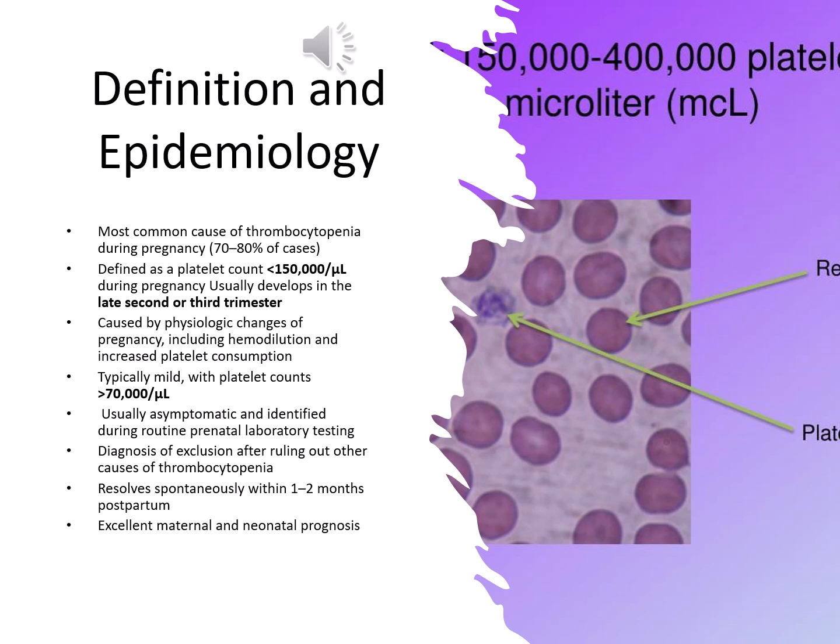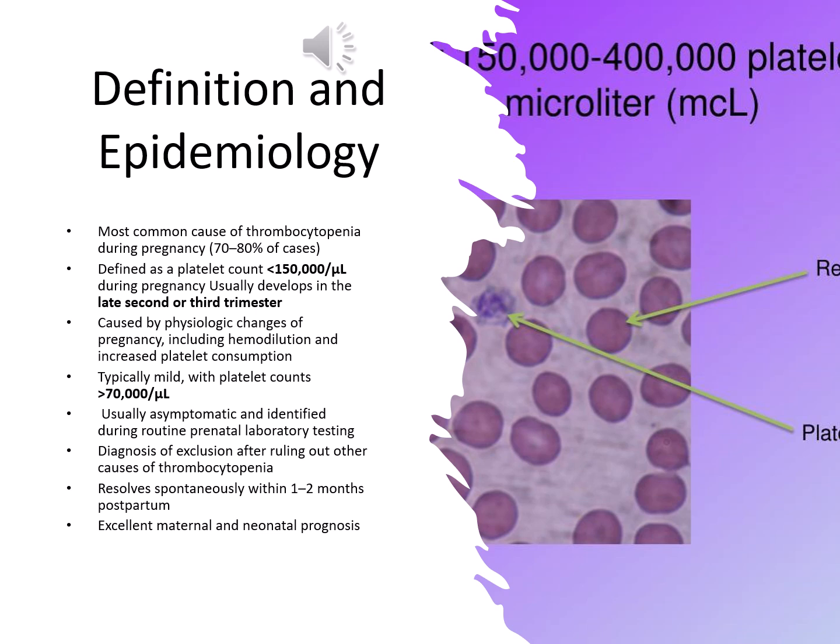It is defined as a platelet count below 150,000 per microliter occurring during pregnancy in the absence of another underlying cause. The condition typically develops during the late second or third trimester, and it is usually mild, with platelet counts remaining above 70,000 per microliter.